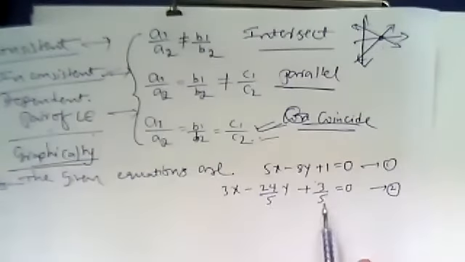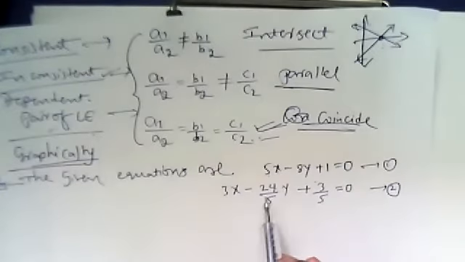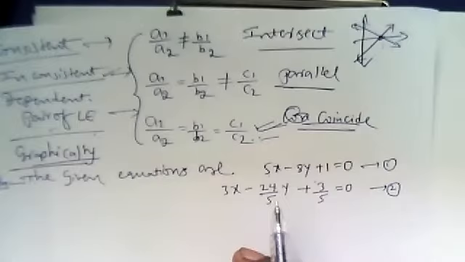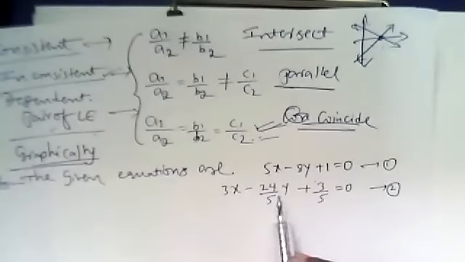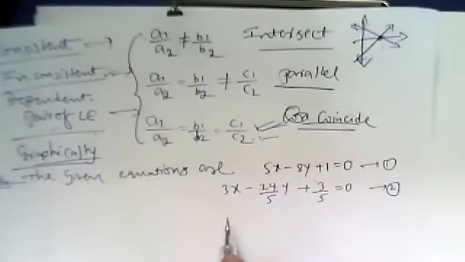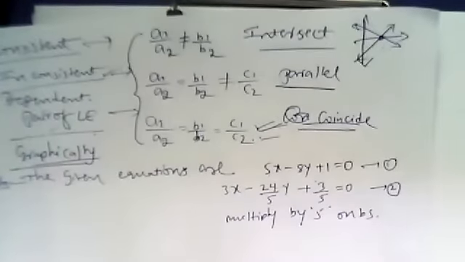Here 3 divided by 5. Multiply this equation by 5. Is there any change in the equation? Will any value change? We can multiply both LHS and RHS by 5. Multiply by 5 on both sides.